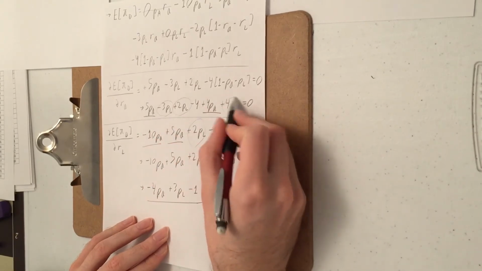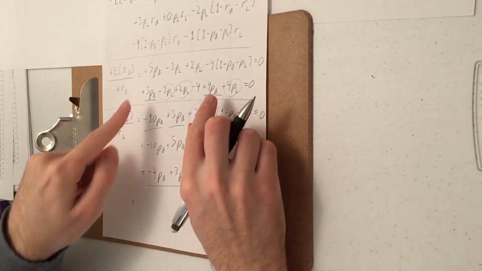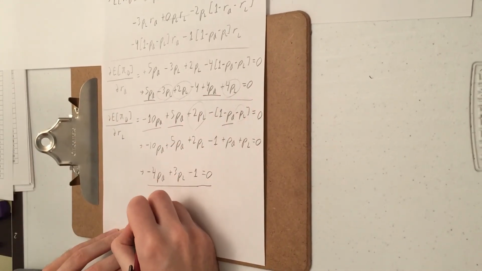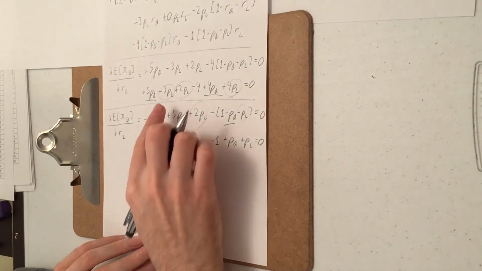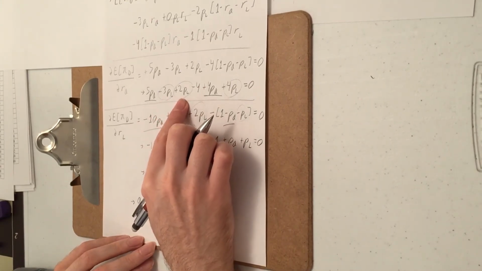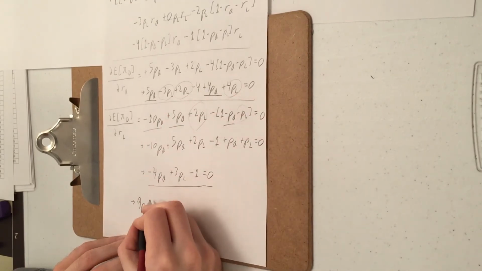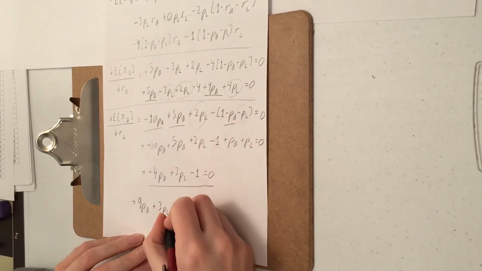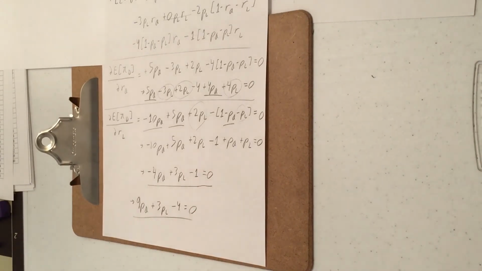Combine PLs. So that top equation rewritten, 5 PA and 4 PA is 9 PA. Minus 3 PL plus 2 PL plus 4 PL will be plus 3 PL. And I've got a minus 4. And that equals 0.